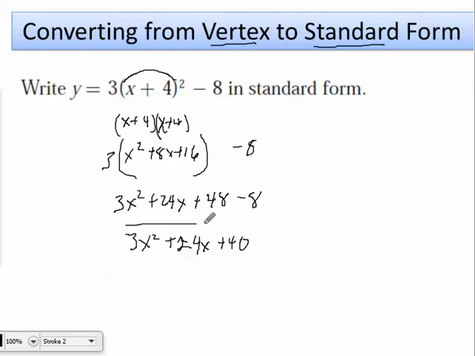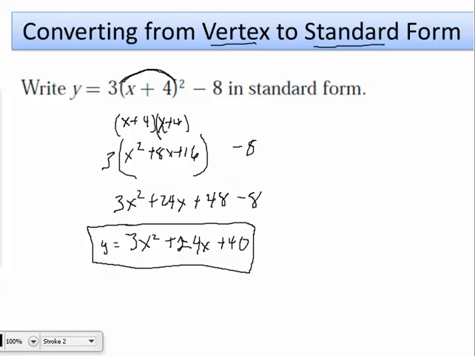That would be the standard form for this equation. You see, the trick here is, first of all, taking what's in the squared in the parentheses and expanding it. Multiplying it times the a that's in the front, adding the k that's at the end.